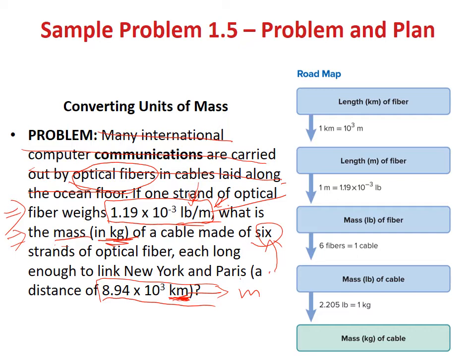And because we have 6, we have to calculate the total weight in pound. Okay, finally we convert pound to kilogram. The relation is 1 kilogram is 2.205 pound. So this you can find from table 1.6 in the textbook.